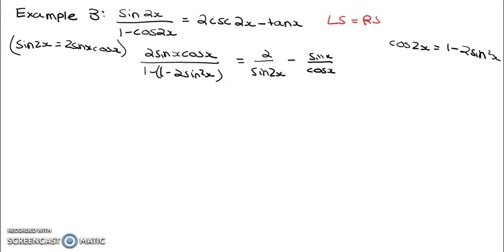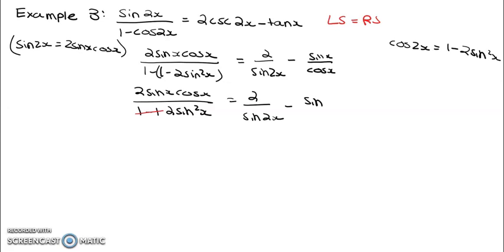And I'm going to simplify the left side, so 2 sine x cosine x over 1 minus 1, and then there's a cancel, and I'll have 2 sine squared x. I'll keep my right side the same for now, because I don't want too many things going on at once, but you could definitely keep this in one step.